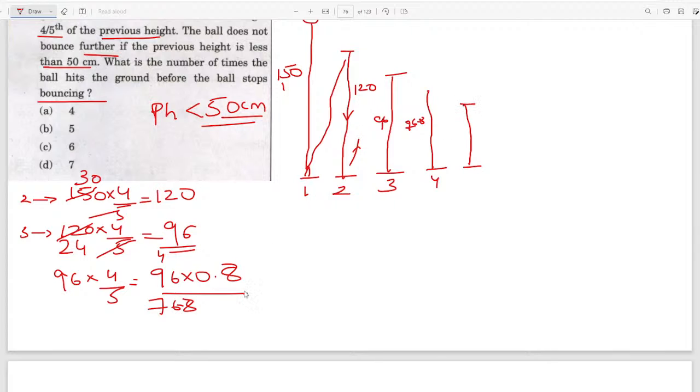That height I have to calculate. 76.8 into another 0.8. This would give me 6 8s are 48 plus 4, 52.